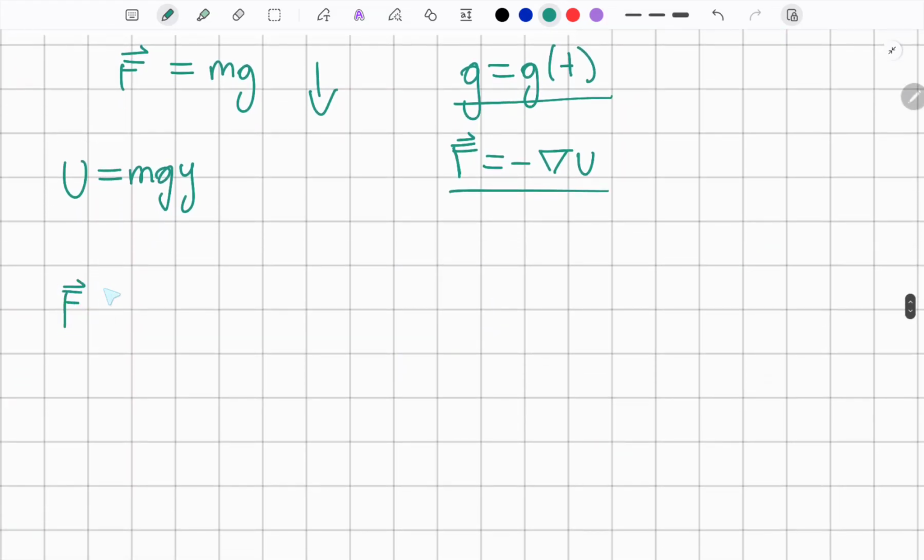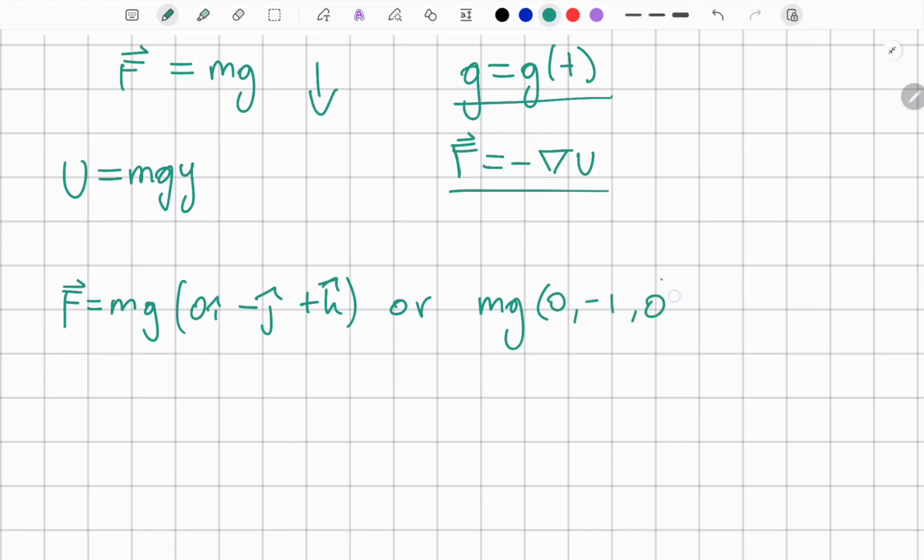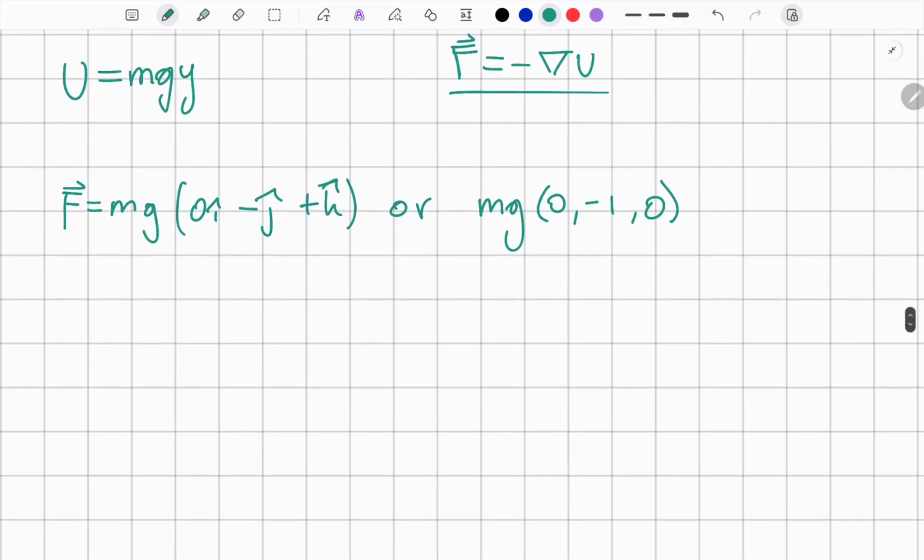We know that our force is mg, and that's vertically down in the y direction. So that's 0i minus mg j plus 0k. So our force is just negative mg in the y component.